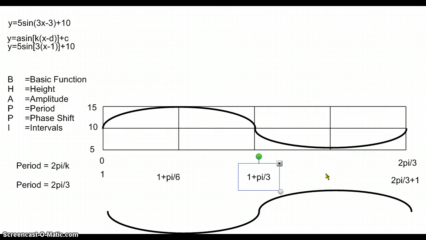And to the 1 plus pi by 3 we add another pi by 6, and if you remember, pi by 3 plus pi by 6 is like 60 degrees plus 30 degrees, which is 90 degrees, and that makes pi by 2. So 1 plus pi by 2. And if we take that value and add pi by 6 to it, we will get 2 pi over 3 plus 1.